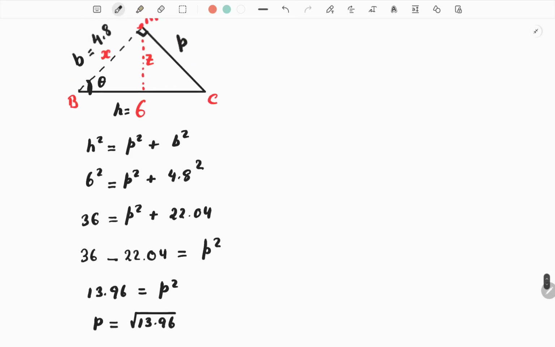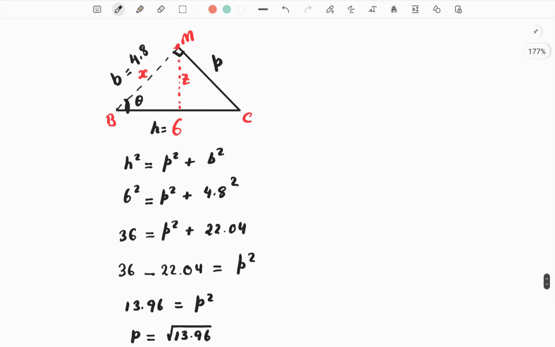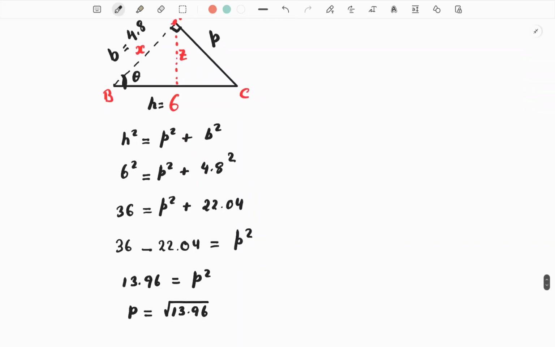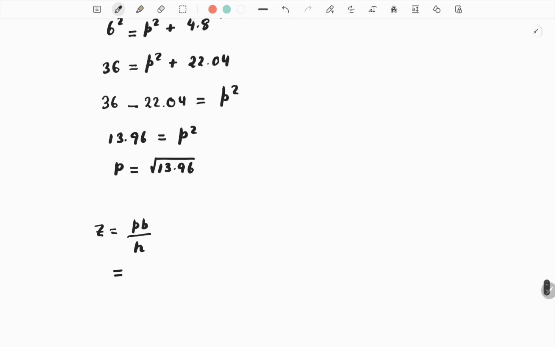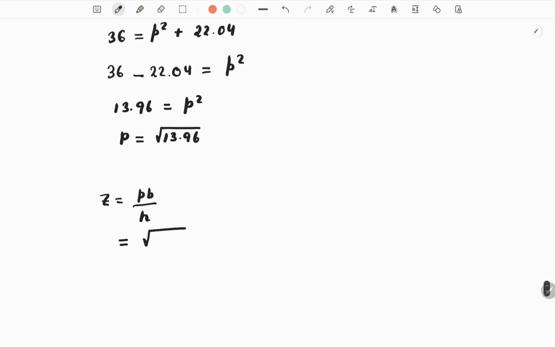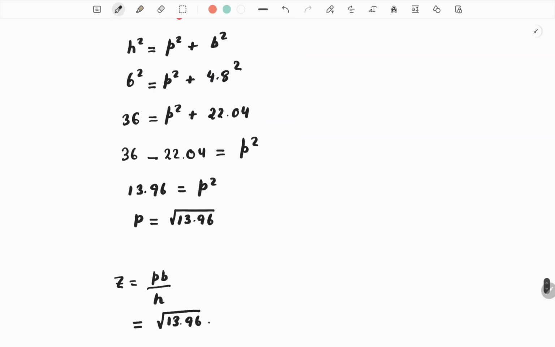If you look at the diagram, this Z is nothing but the length of the perpendicular drawn from the vertex M to the hypotenuse H. So we will use this formula: Z is equal to PB divided by H. Instead of P, we will substitute root over 13.96. Instead of B, we will put 4.8.